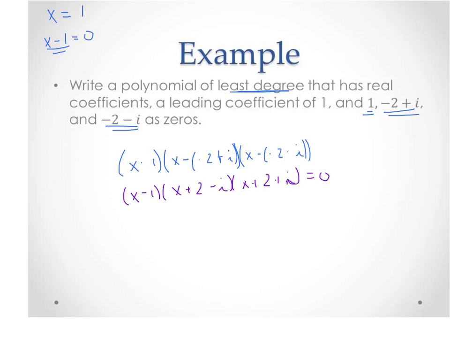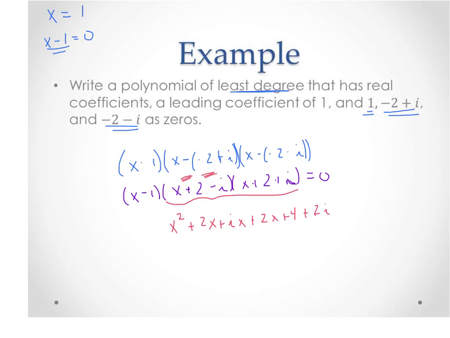We're going to multiply all of these together. It is helpful if you multiply your complex ones first. So multiplying the x first, we're going to make x squared plus 2x plus ix. And then multiplying the 2, we're going to get plus 2x plus 4 plus 2i.